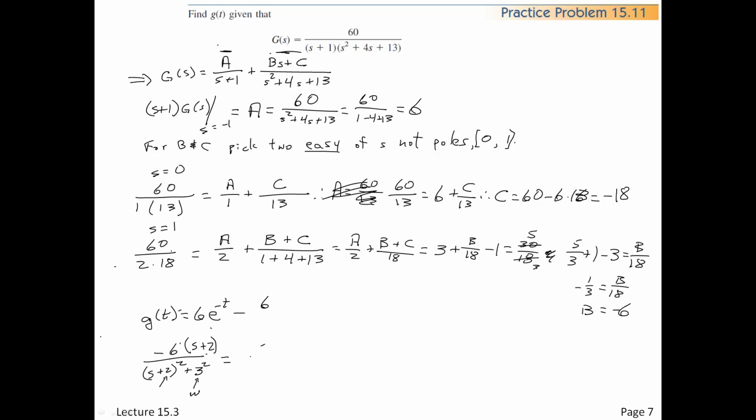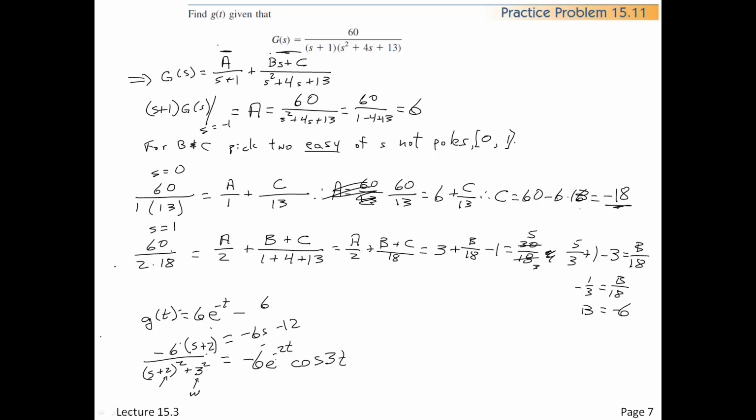So this would give me minus 6 e to the minus 2t cosine 3t. Okay, you see all that? So this worked out. I had 6s. This thing is equal to minus 6s minus 12. So I'm going to have to go up here to c. Where am I at? C is minus 18.